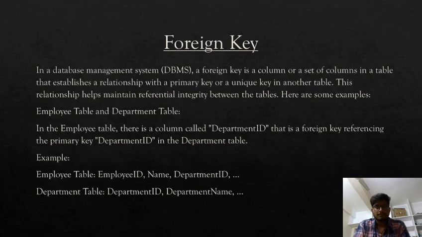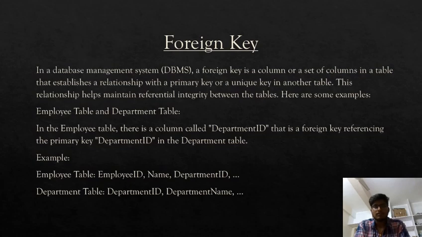Foreign key. A foreign key is a key which is the primary key in one table and is considered a candidate key in another table. In the table where it is not the primary key, it is identified as the foreign key.